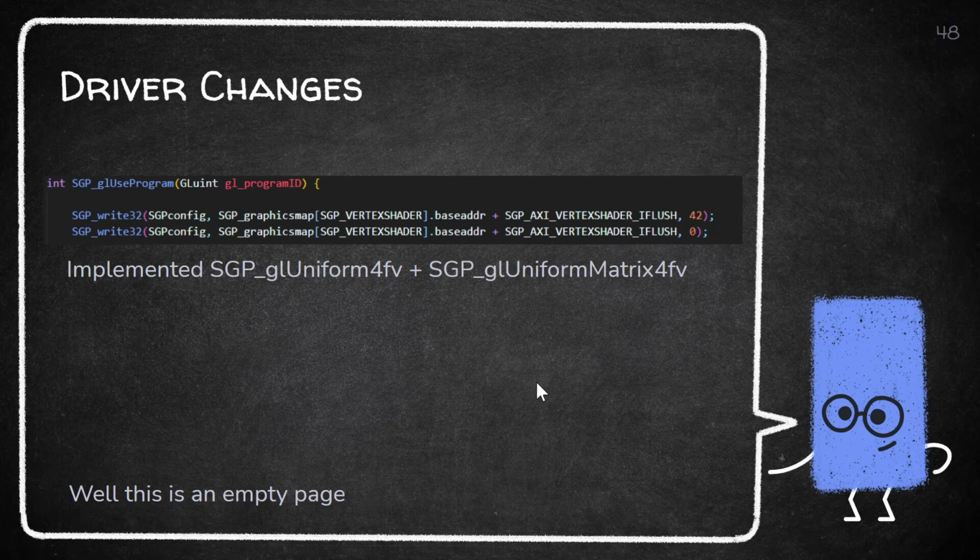Okay. So for the driver changes, the GL uniform functions, AJ was the one that mainly worked on those. I did the linking with them, and apparently I accidentally missed one, which caused some problems that we had no idea about. We found that yesterday, and we haven't really tested the uniform matrix yet.